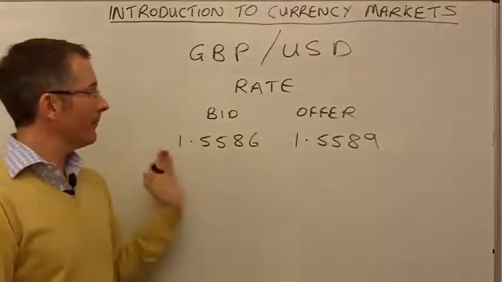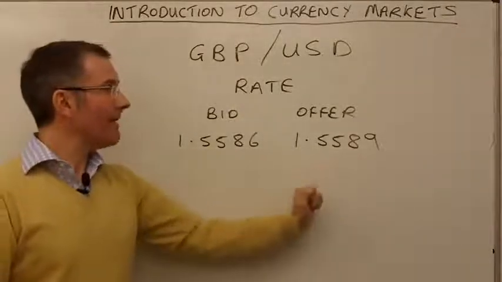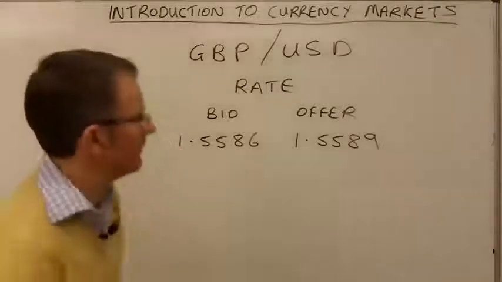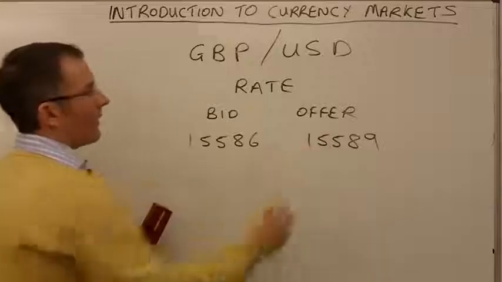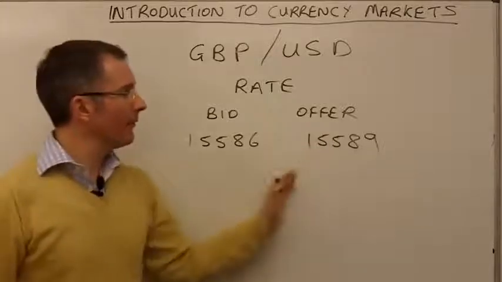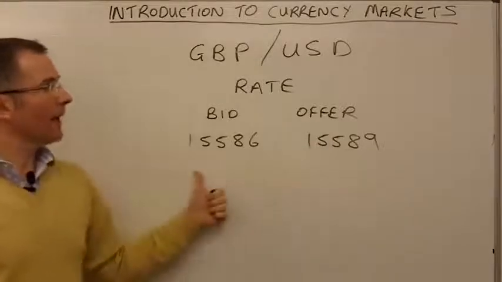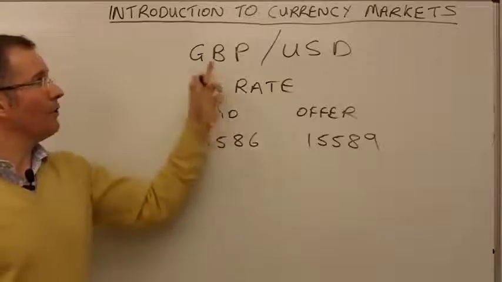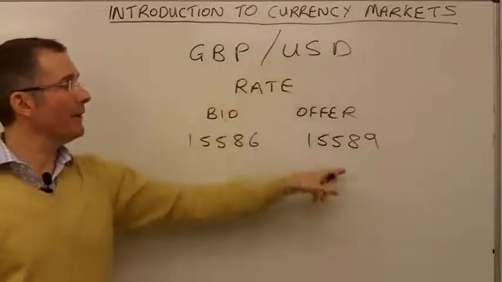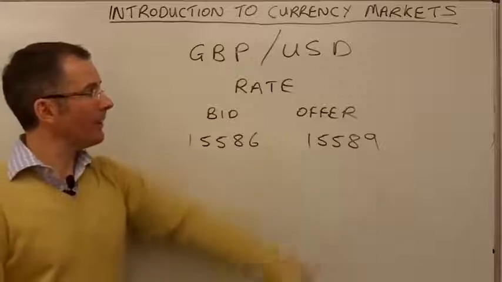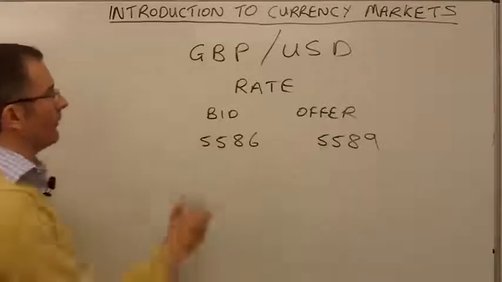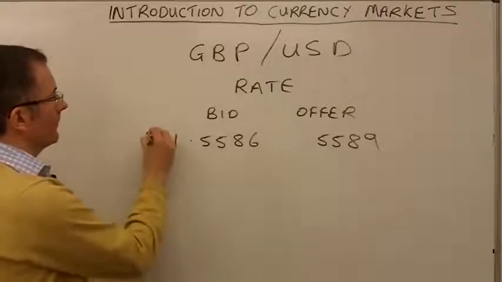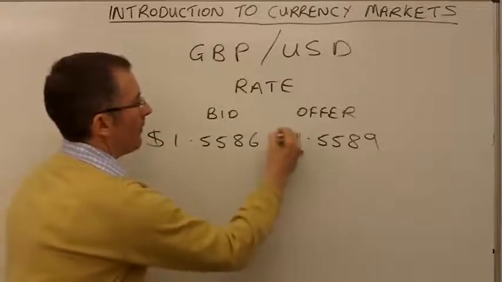It may just appear like that, or it may even appear like that. But everybody knows that this is a currency quote. Once you know that you're dealing with this pair, you know that these are dollar amounts. So let's turn that into, for the sake of this example, something that looks a bit more normal.